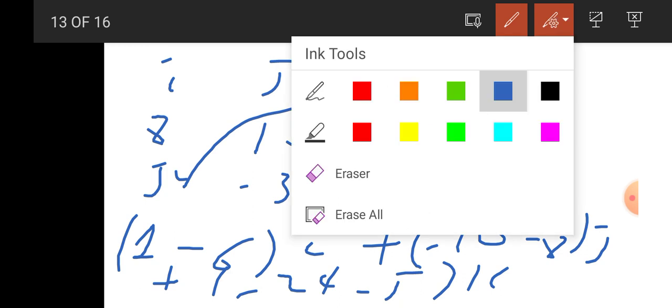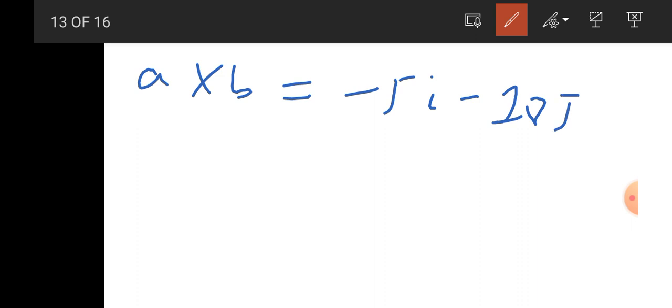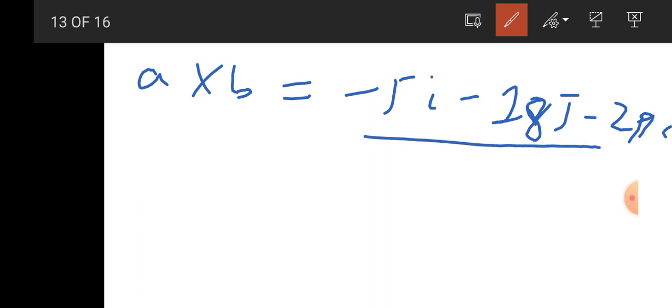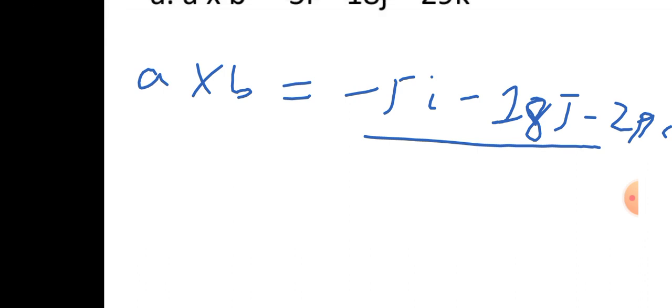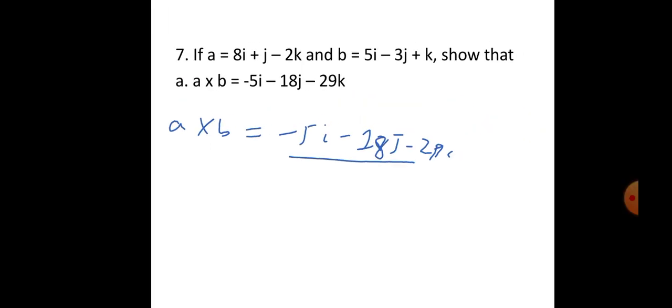This is equal to A cross B is equal to minus 5 in the I, minus 18j, minus 29k. So already proved: minus 5 in the I, minus 18 in the J, minus 29 in the K. The question was to show this.